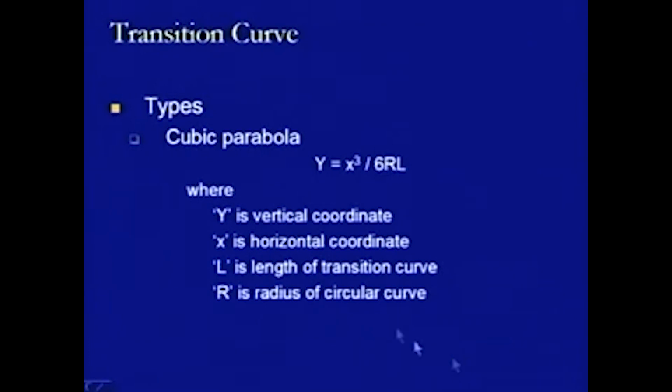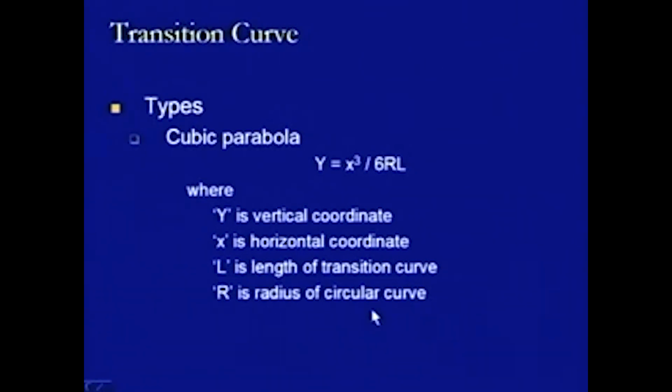Then in the case of a cubic parabola, this is computed by the equation y is equal to x cube divided by 6 R L, where y is the vertical coordinate, x is the horizontal coordinate, L is the length of the transition curve and R is the radius of the circular curve.